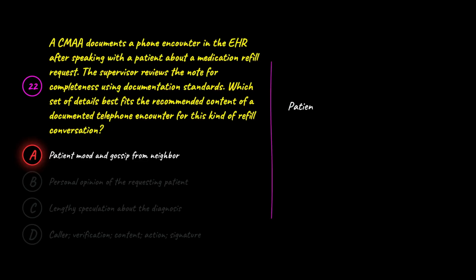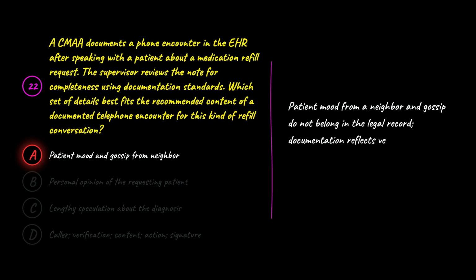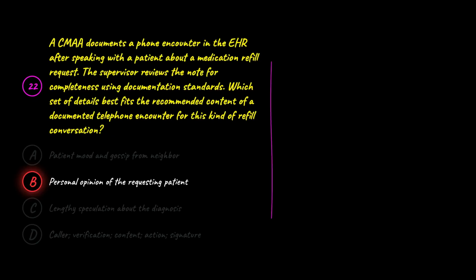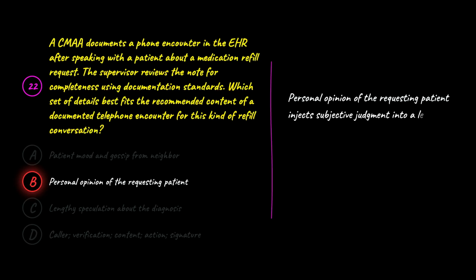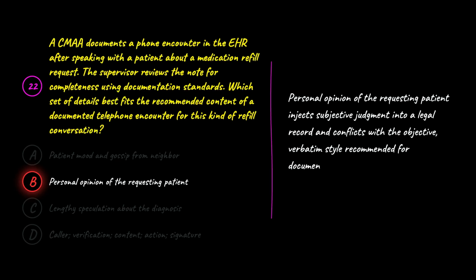A is wrong because patient mood from a neighbor and gossip do not belong in the legal record. Documentation reflects verified, factual content from the encounter, rather than third-party speculation. B is wrong because personal opinion of the requesting patient injects subjective judgment into a legal record and conflicts with the objective, verbatim style recommended for documenting communications in the chart at any visit.